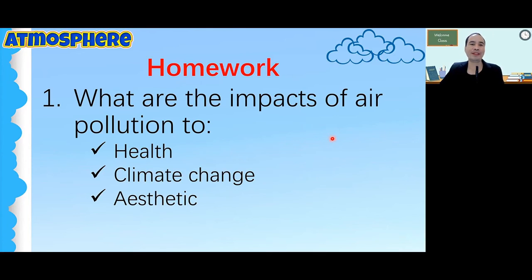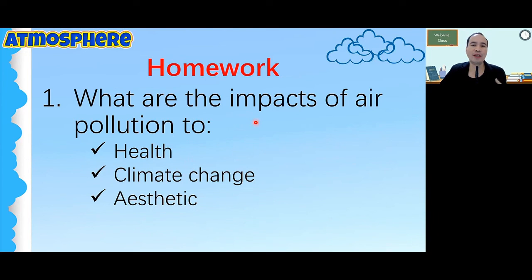Finally, we're almost finished. I'll be giving you this one as your homework. The first homework is to write in your science notebook the impacts of air pollution on your health, on climate change, and on aesthetics.